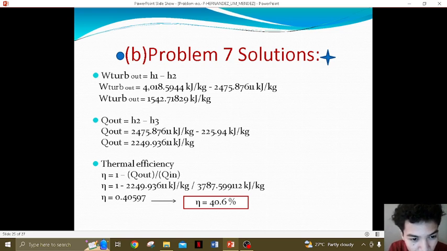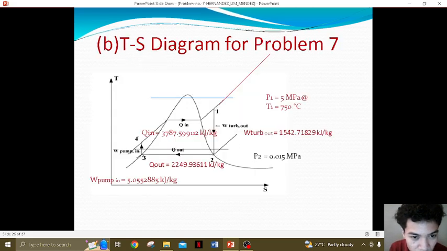So you have η equal to 1 minus 2249.93611 kJ/kg over 3787.599112 kJ/kg, which is the heat going in. So you have the answer of η is equal to 0.40597, or the percentage of η is equal to 40.6%.